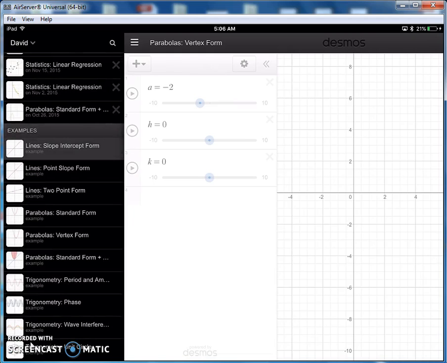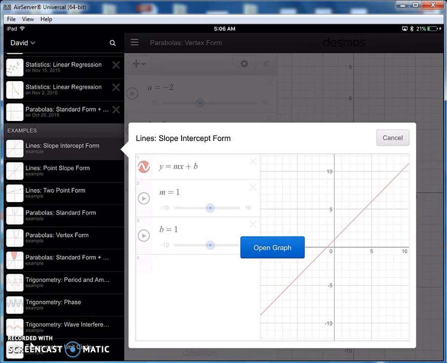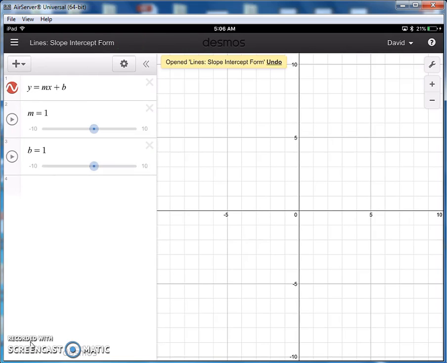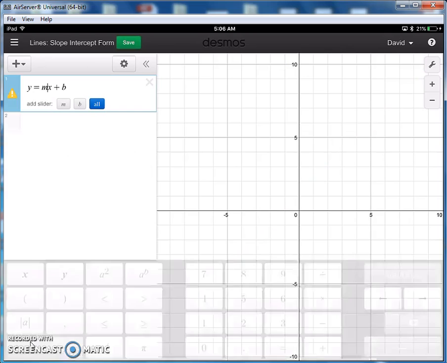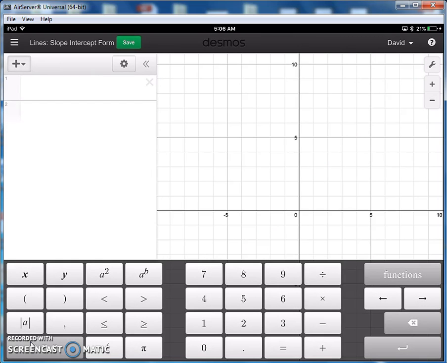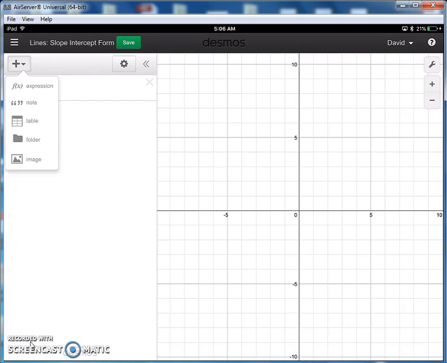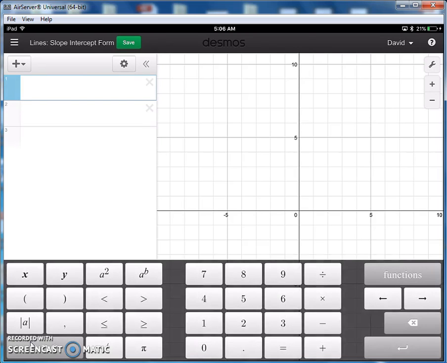Let's close these out. In here, I'm going to add an expression, and let's do square root of x. So y equals square root x. And there it is.